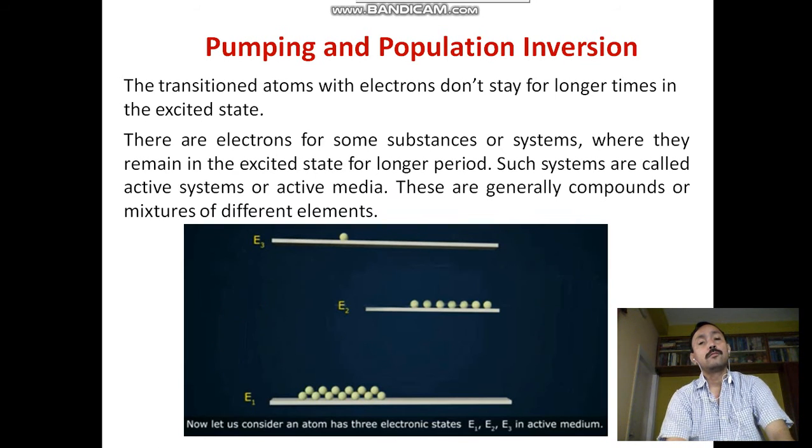There are some substances or systems where electrons remain in the excited state for a longer period. Such systems are called active systems or active media. These are generally compounds or mixtures of different elements.